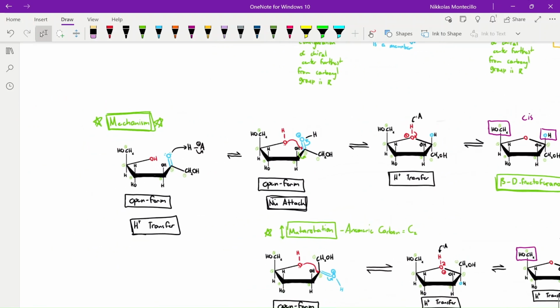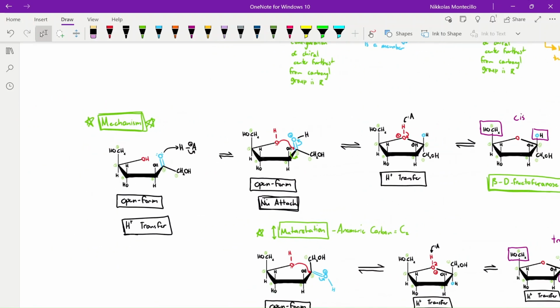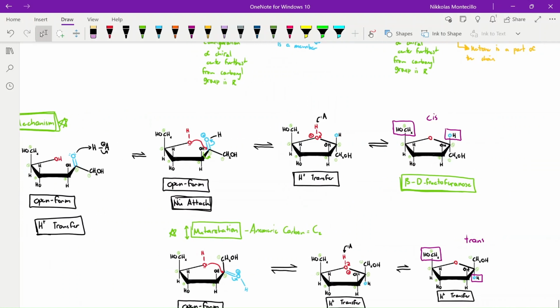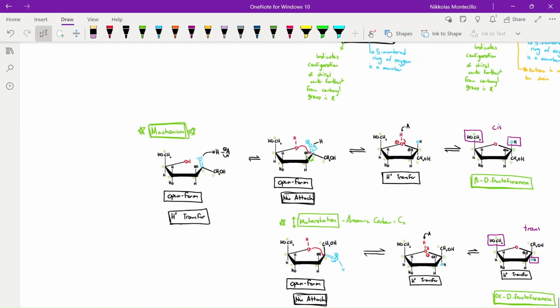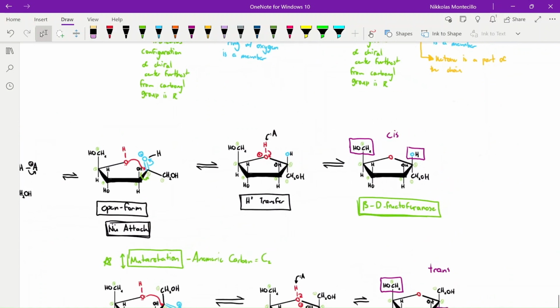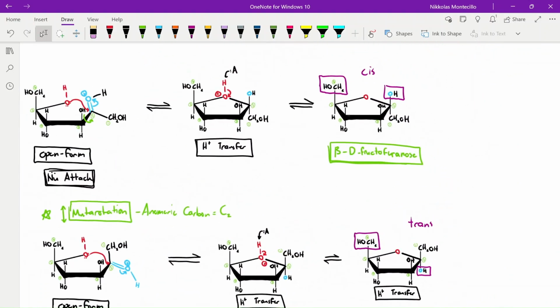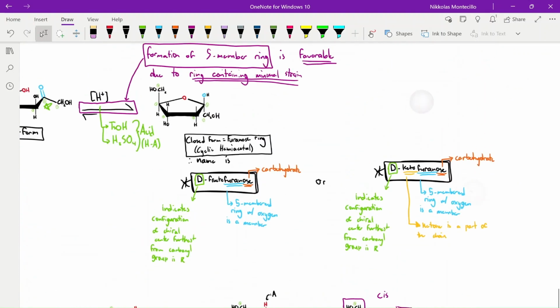Where there's the key formation of an oxonium ion when the hydroxyl nucleophilically attacks the carbonyl group that's protonated. And we can see here two products: beta D-fructofuranose and alpha D-fructofuranose.